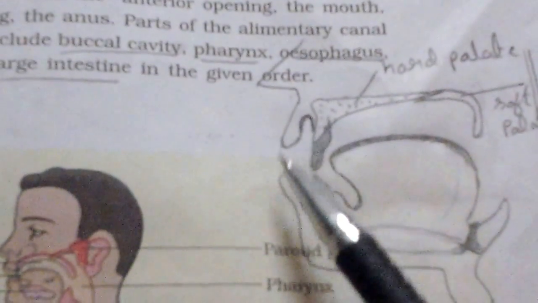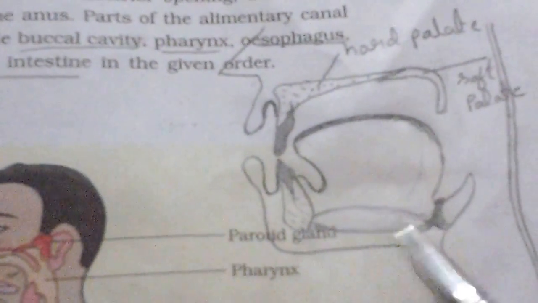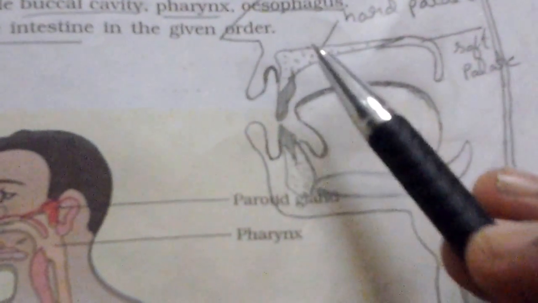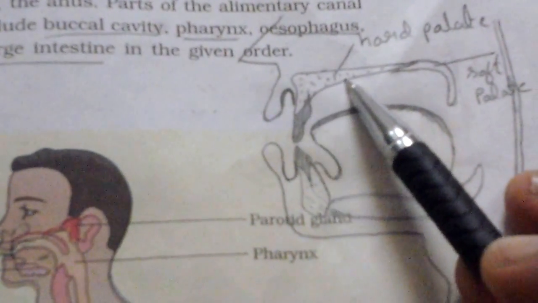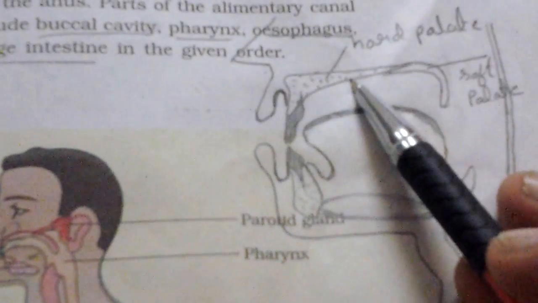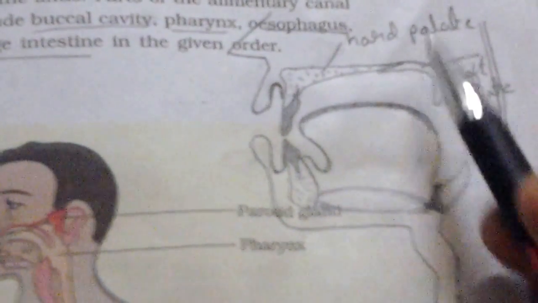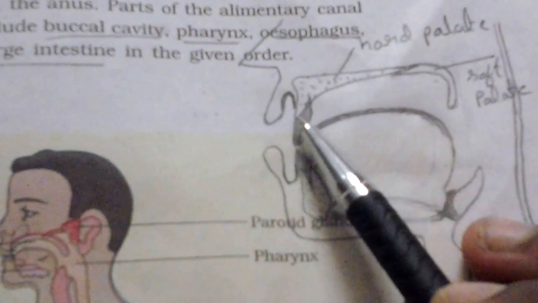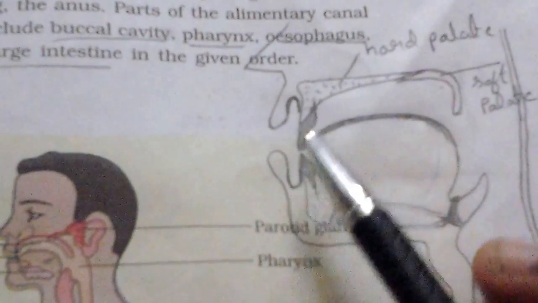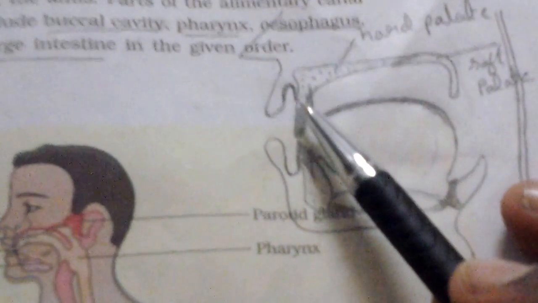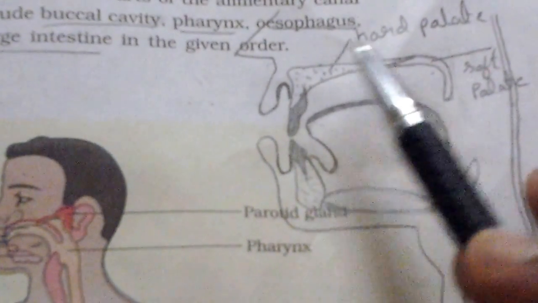So this thing is your mouth. This is your buccal or oral cavity, and these are your teeth and the anterior region. So this is the front. This is the anterior palate and this is the posterior palate. The jawbone which holds your teeth in the upper row is connected to a bone which is called the palate.